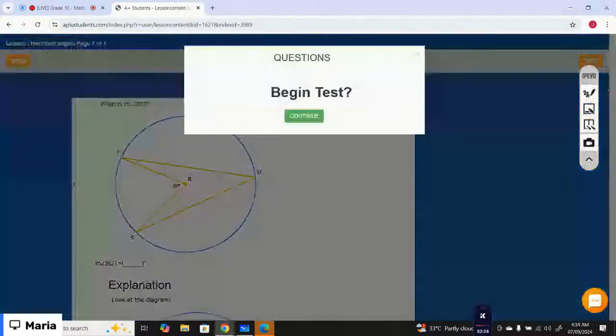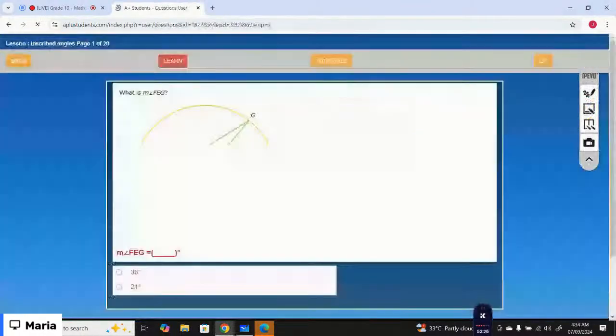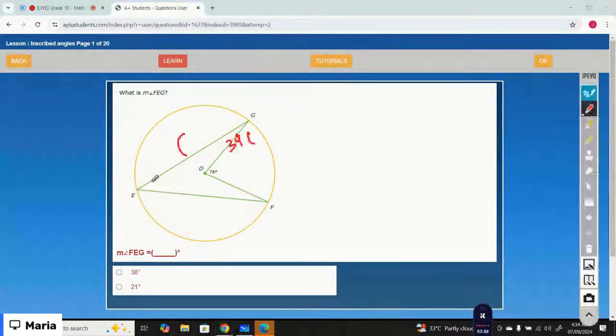Let's just start with the test questions. Okay, what is the measurement of angle FEG? So again, you have to find the angle E, that is an inscribed angle. So this angle is exactly half of angle D. So half of 76 is 38.